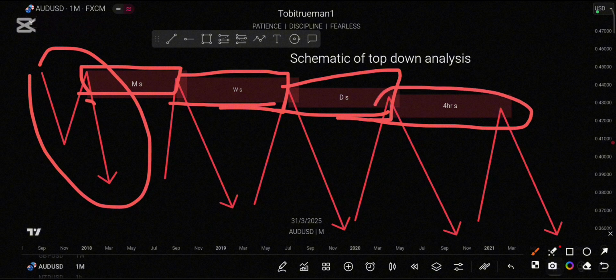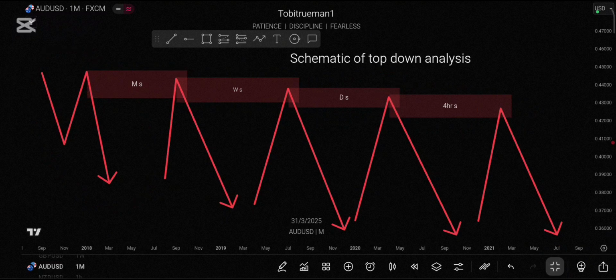Everything is interconnected, meaning the supply zone on the monthly, we check it on the weekly, the same supply zone on the daily, the same supply zone on the 4 hour. I want to know how the market is going to react on those zones.